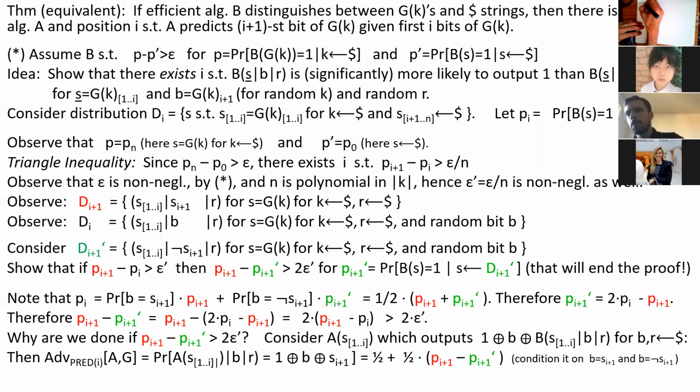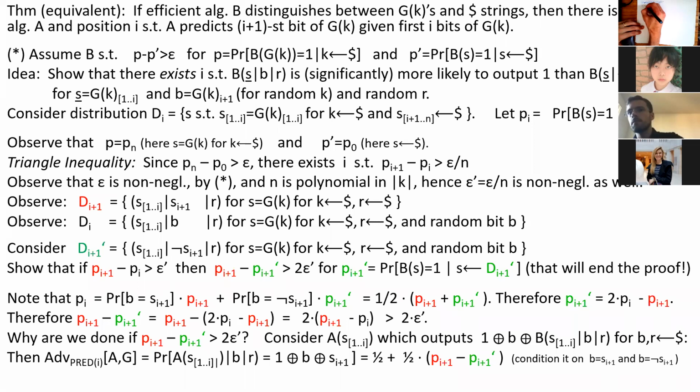So the advantage of A in this prediction game on index i of A against the G is the probability, okay, maybe I should read that.